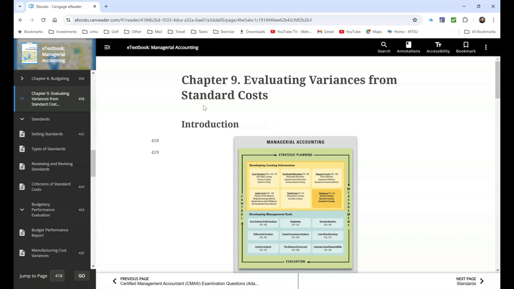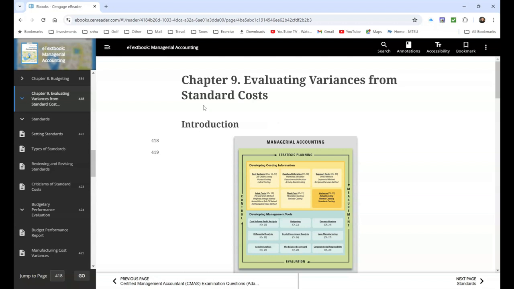What this chapter allows you to do, if you're in a manufacturing environment, is zero in on the actual reasons for either better or worse cost.